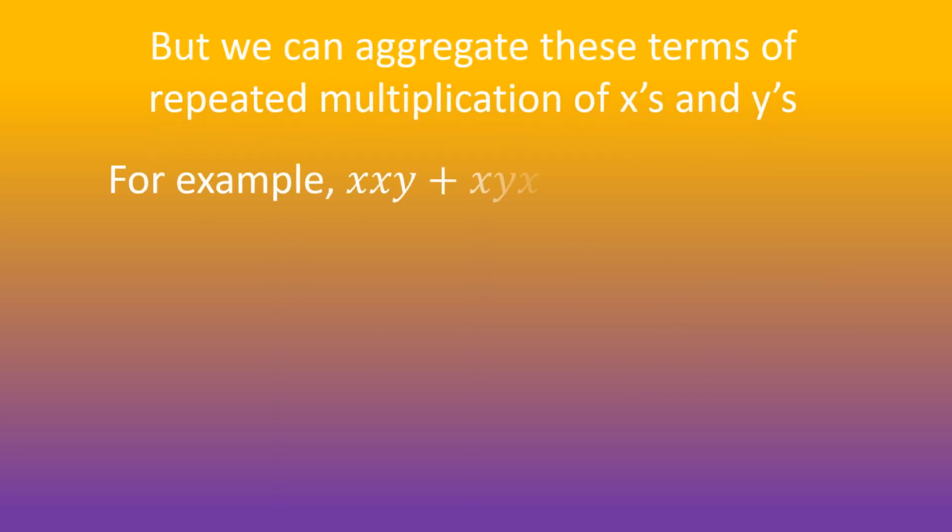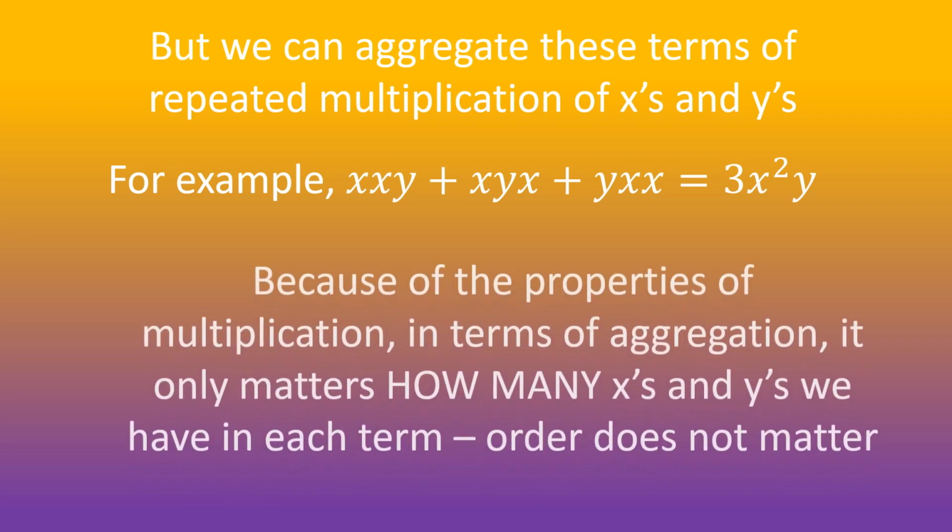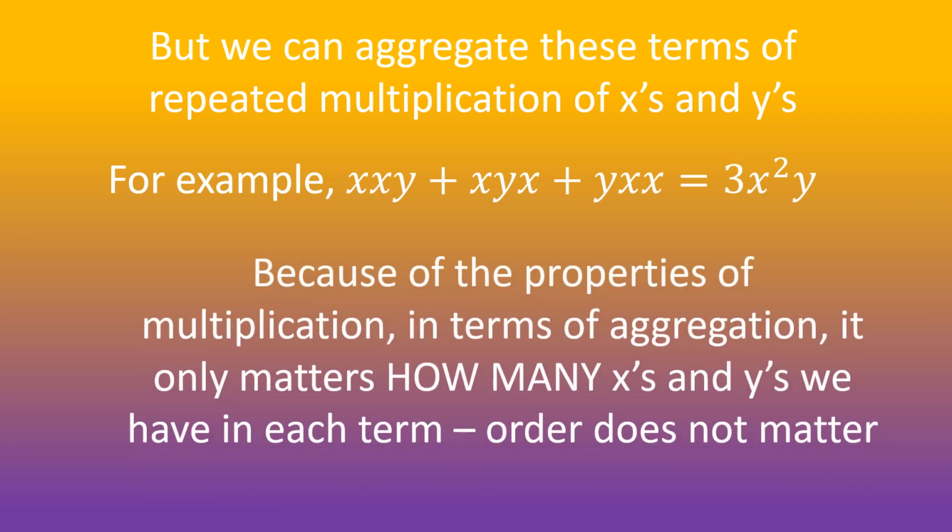However, we can aggregate these terms of repeated multiplication of x's and y's. For example, if we have 2 x's and 1 y, we can say that it's going to be equal to 3x^2 y. And this is because of the properties of multiplication. So it only matters how many x's and y's we have in each term. The order does not matter. It's only the combination.